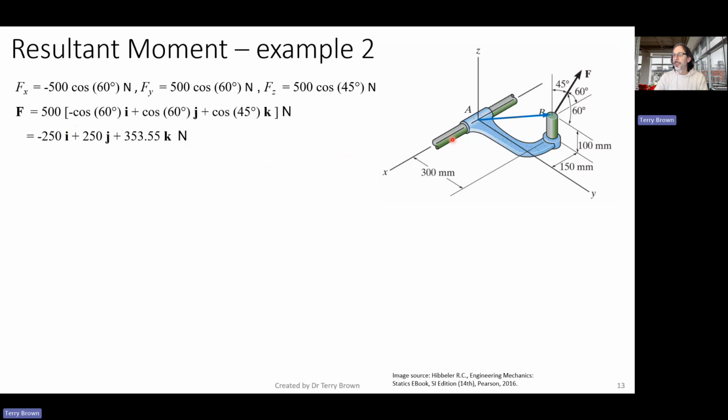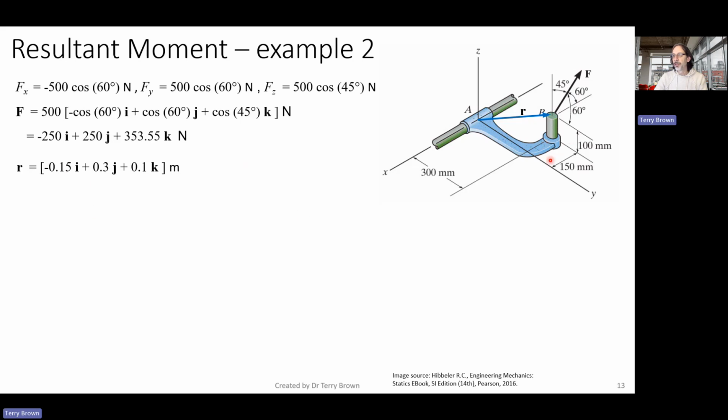All right. So our position vector goes from point A to any point along the line of action of the force. Obviously, the simplest place to do that is to go to the point of application of the force. So in the X direction, it goes from A to B minus 150.